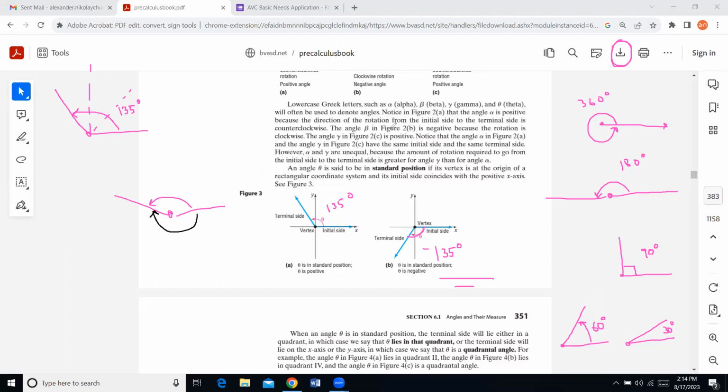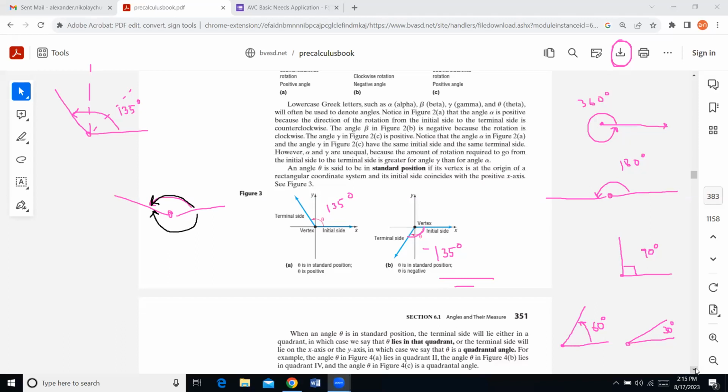So you get various possibilities, even though the picture may look the same, and that's the reason why it is important to put this little angle so people know where we started and where we ended, and if we rotated more than once or less, or clockwise or counterclockwise.